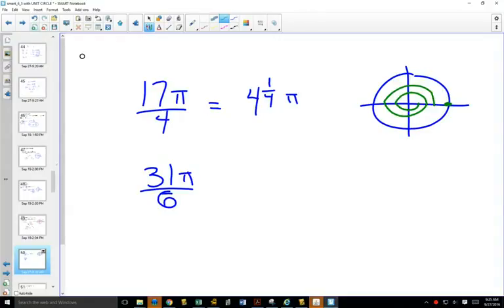Did I go in the wrong direction? Yes. Whoops, I want to go green. 1, 2, 3, 4. And then if you have to go another quarter, will that go past the half? It'll end in quadrant 1.